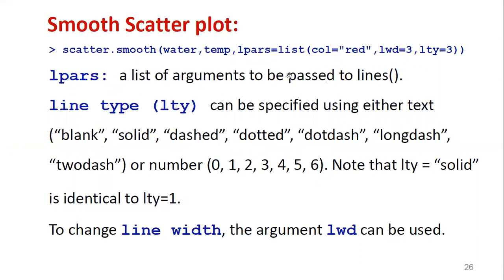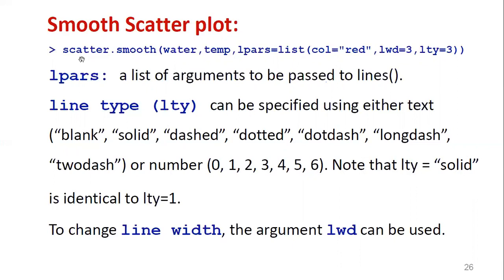Then some more parameters for the same smooth scatter plot. If you want to provide color to the line, the line width, or the line type, whether it is blank or solid or dashed or dotted or dot dash or long dash or two dash, or numbers 0 to 6, we will use the other parameters.